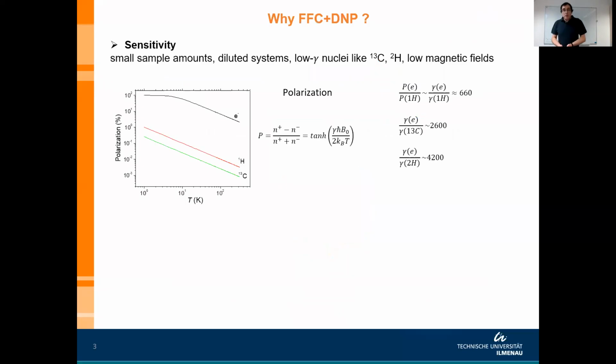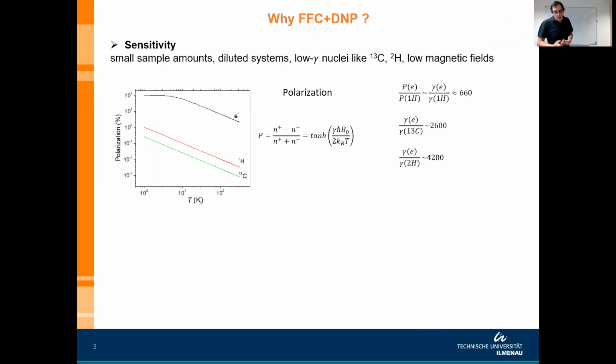Well, Danuta already said a few words about the DNP. I will not say more than this, but basically DNP is taking advantage of the big polarization of the electrons. This is a classical plot that we see here, and then this classical equation. Then we see here that there is a way to transfer the polarization of the electrons to the nuclei through this DNP.